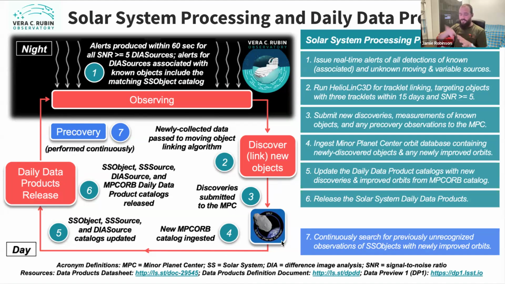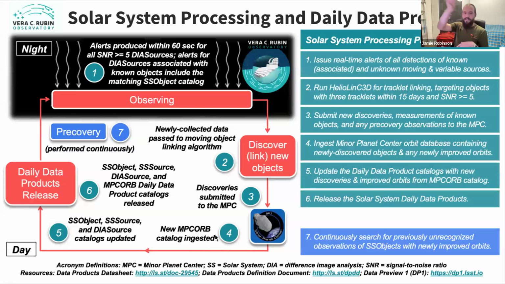This is the external body to the survey that handles the observations and discoveries of new minor planets, asteroids, and comets. But then the important thing to note is that the pipeline ingests an updated MPC orb, Minor Planet Center orbit catalog, that is produced by the MPC.